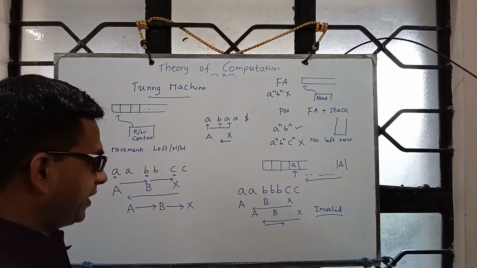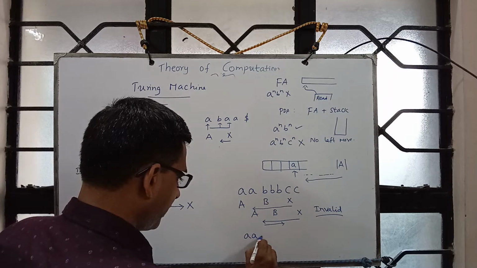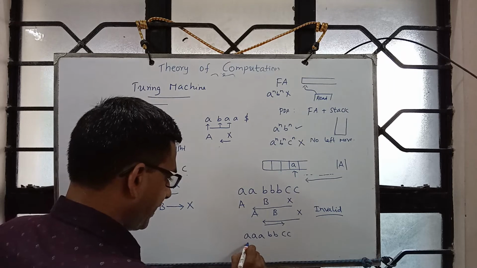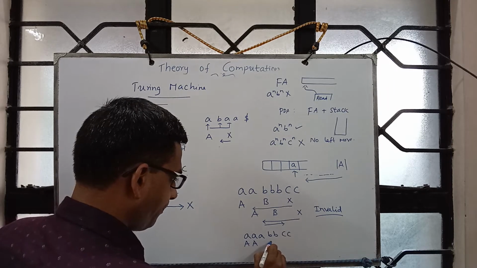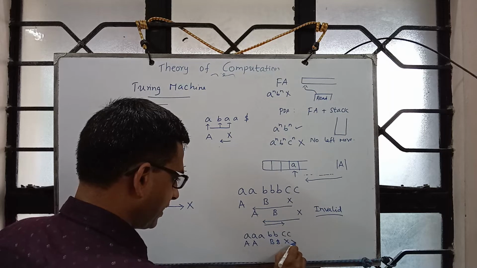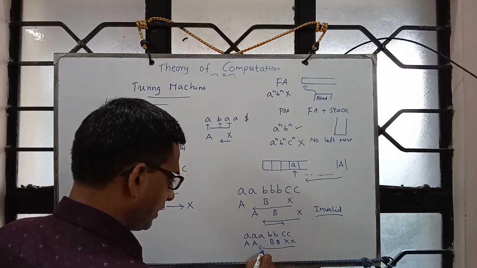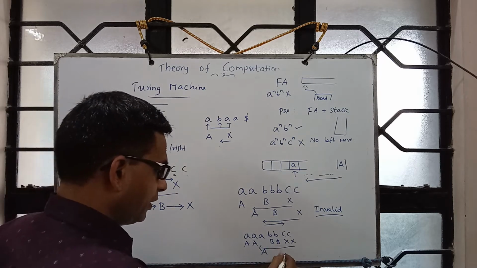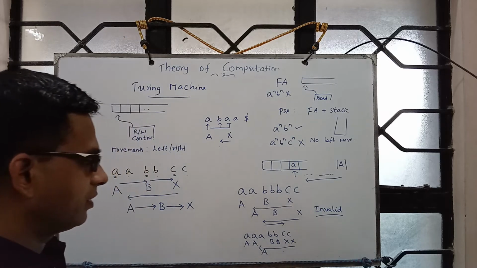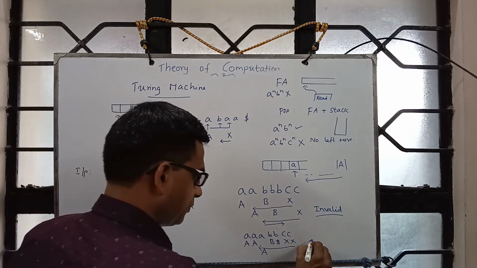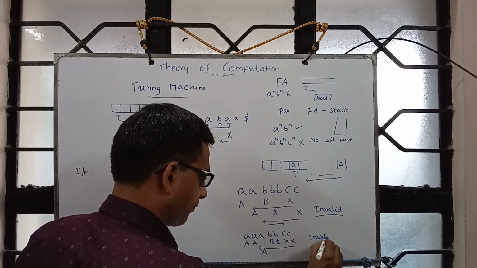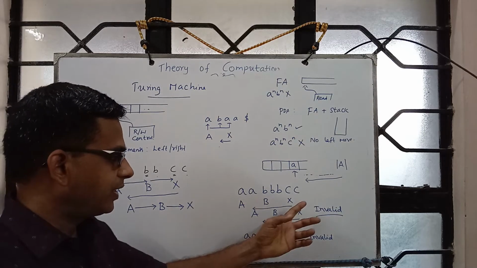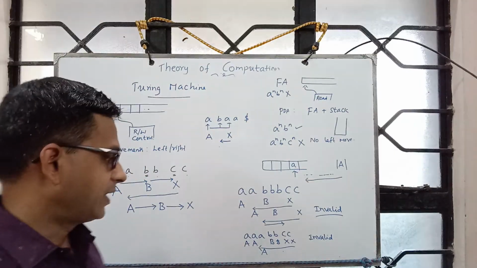Okay, so things like this can happen, or we may have more A's and fewer B's. So after two iterations, you will have AA, BB, XX. Then you come back and change this to capital A, and you move right, thinking that you will see a corresponding B, but there is no corresponding B, which means this is invalid. Okay. On similar lines, we may find more C's, that is invalid.